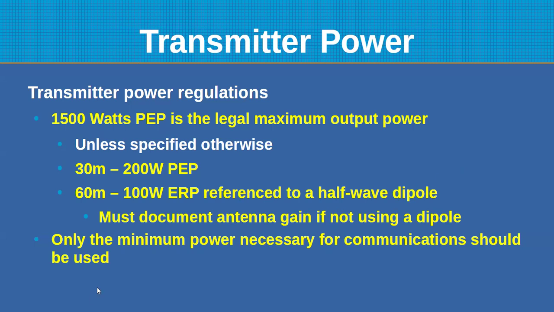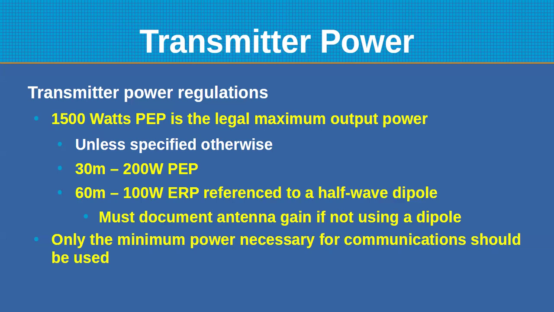The main thing to remember is you should only use the minimum power necessary for communications. Likewise, you probably learned this with using repeaters. You should only use as much power as necessary to get to the repeater.